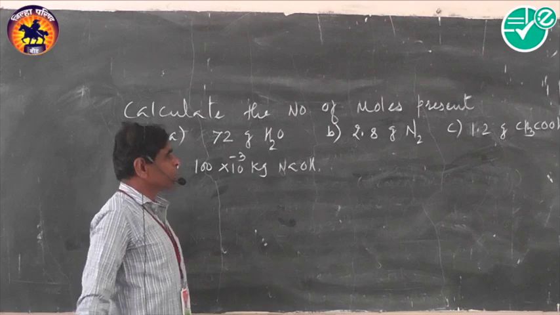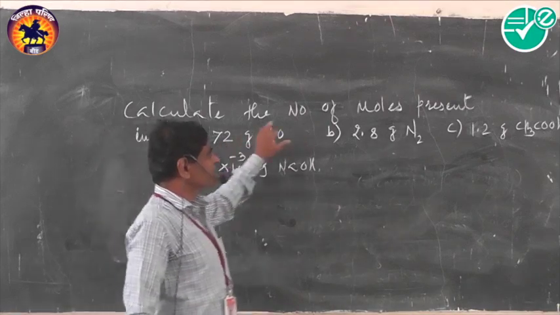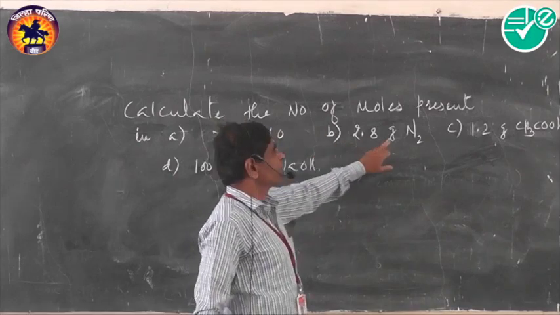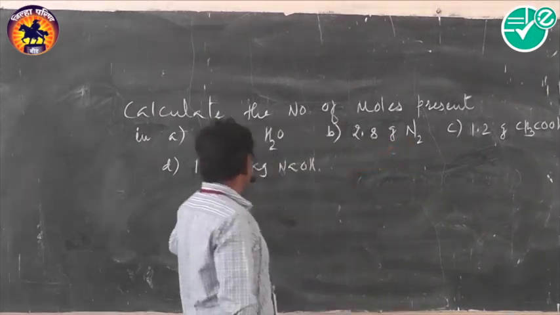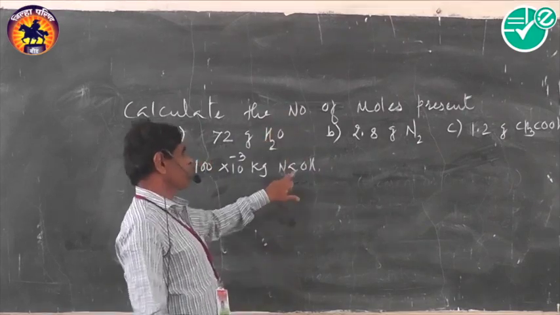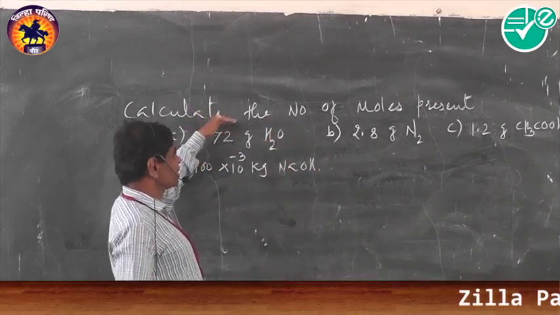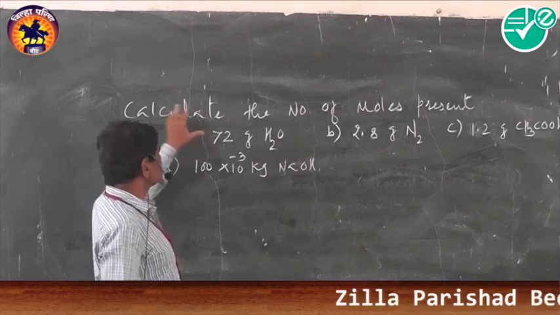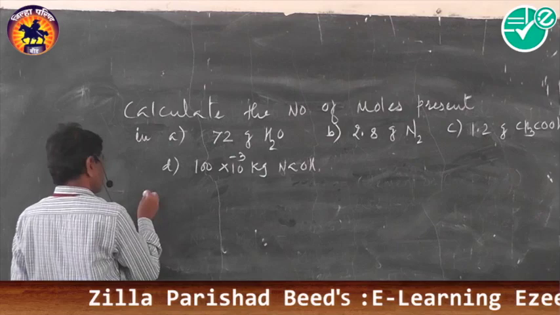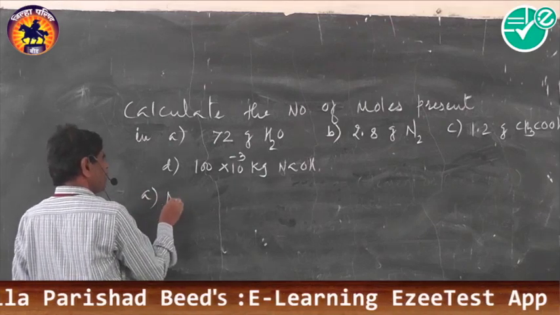And so from this relation you can calculate the number of moles either for an element existing as a molecule or for a compound. Now for these substances which exist as molecules, this concept of mole is applicable. Now here, 72 gram of water. For A, what is the formula of number of moles?